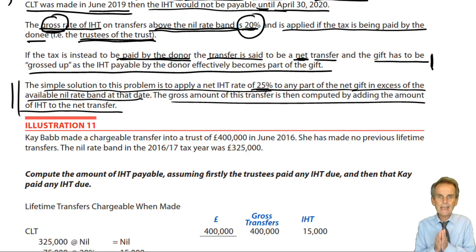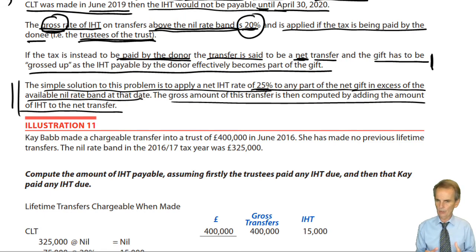Now, if I make a transfer into a trust, don't worry about the word discretionary, then if it is cash, whatever cash it is, 100,000, 200,000, 300,000, 400,000 pounds, that is a diminution in the value of my estate. Whatever cash I put into the trust's bank account.